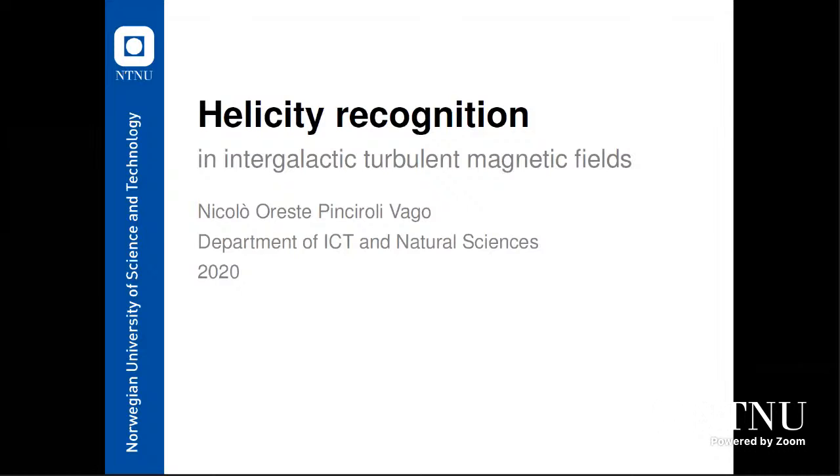However, in this project, since we don't know which value of helicity those real magnetic fields have in the universe, to train the network, I have used some simulations from a simulator that is called ELMAG, and that has been developed by a professor from NTNU in Trondheim.